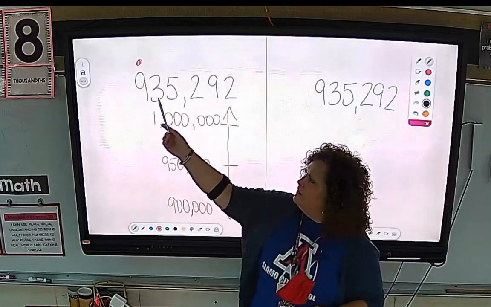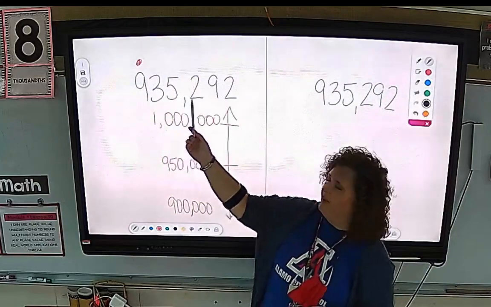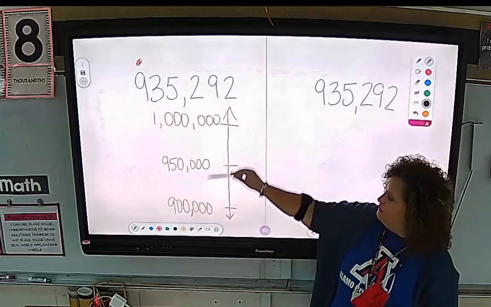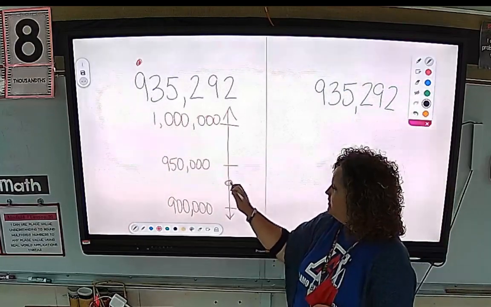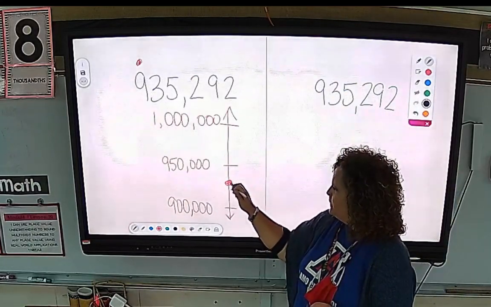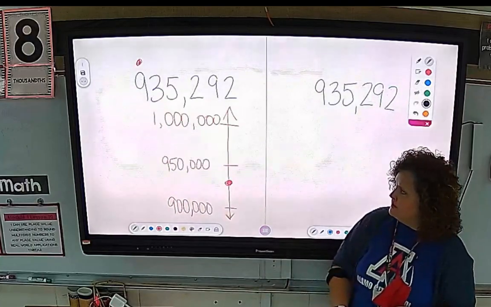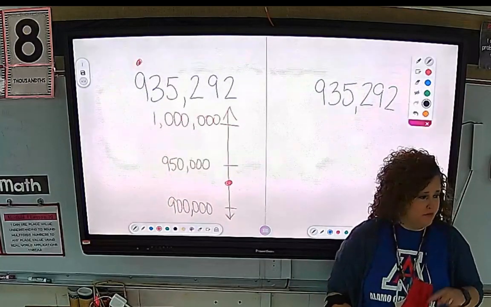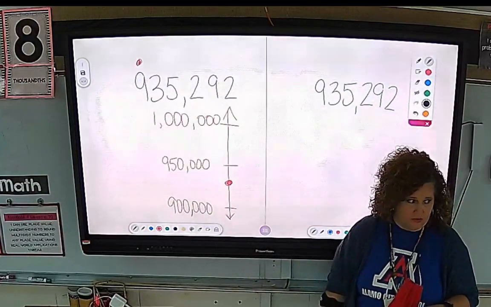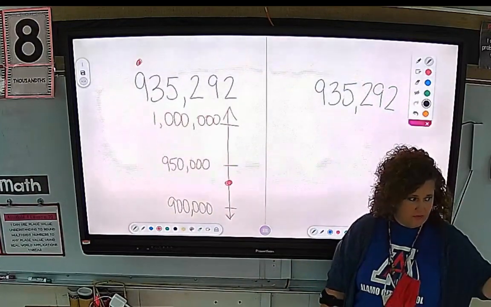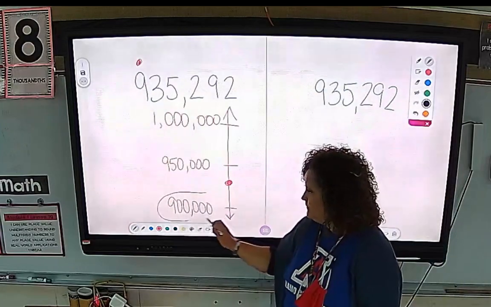This is 935,292. It's not big enough to be halfway, so it's right about here. Okay. So when we round this number with a vertical number line, we see that the dot is closer to, go ahead and finish this off, 900,000.